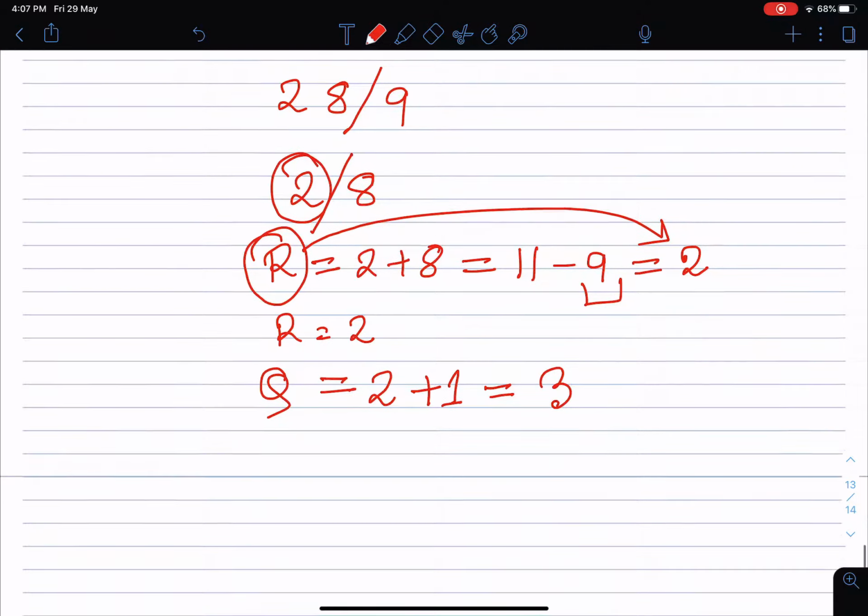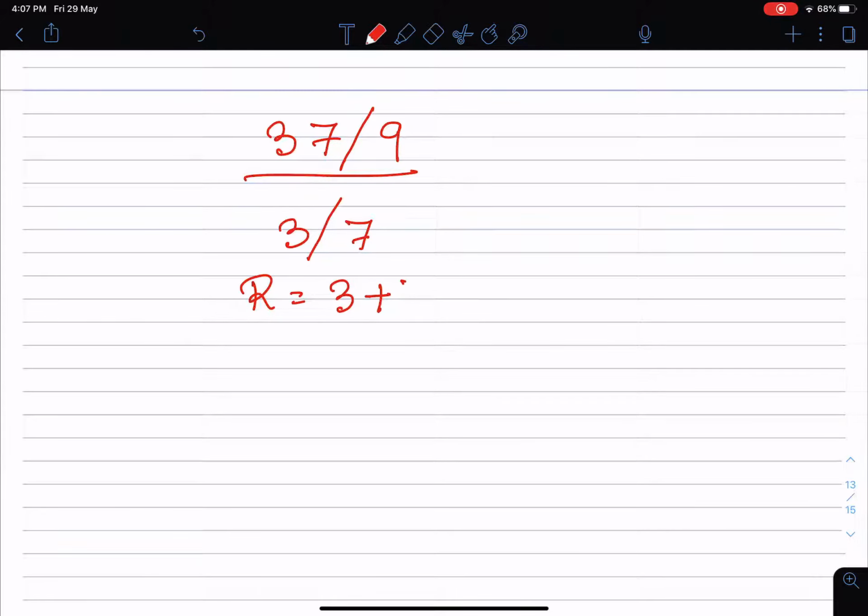Again, let's understand with a different example. Like if we want to divide 37 by 9. In this case, what do we have to write? If you just follow the formula, 3 and 7 and make a slash in between. Now what will my R, that means remainder, be? 3 plus 7, and that's equal to how much? 10.